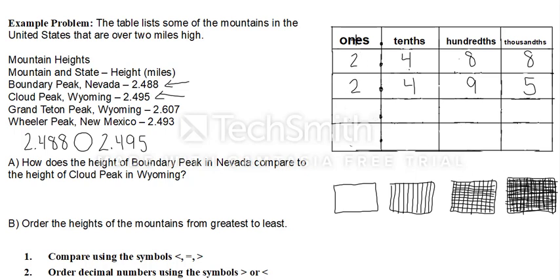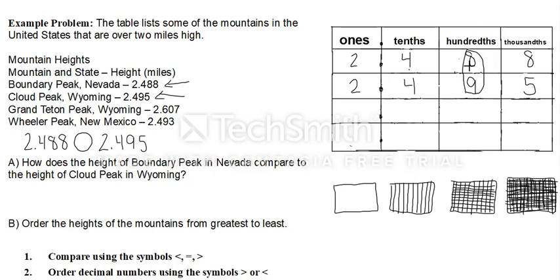So if we look from left to right, just like we read from left to right, we start with the largest place value, which is the ones place here. We see that there is no difference between the numbers, so we move to the next place, which is the tenths. There's no difference there, so we move to the hundredths place. There is a difference, so we are going to stay here and concentrate on this place value.